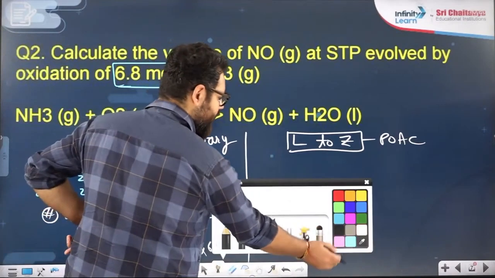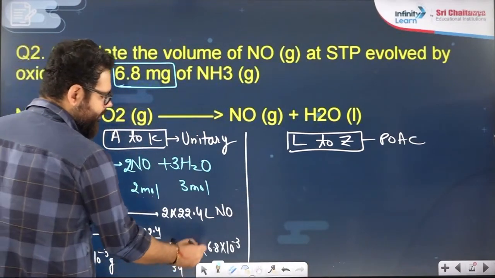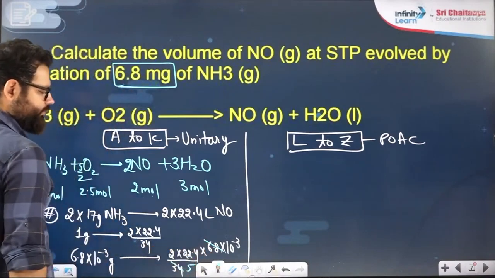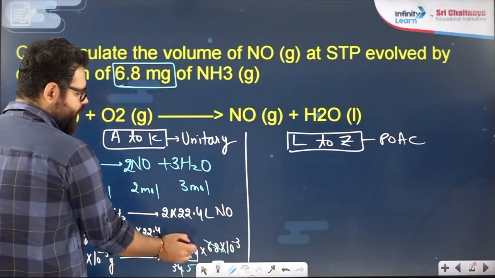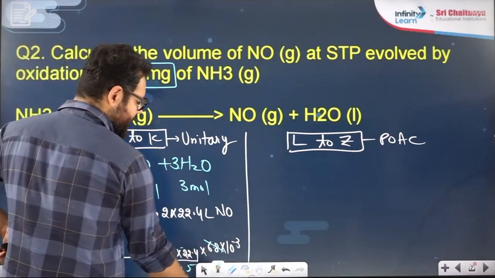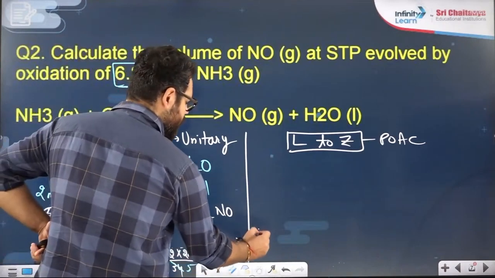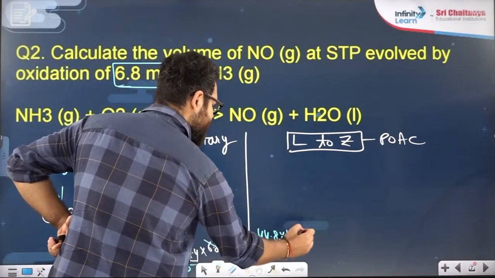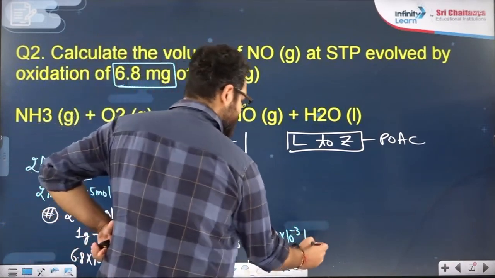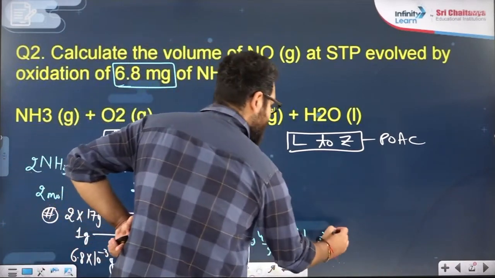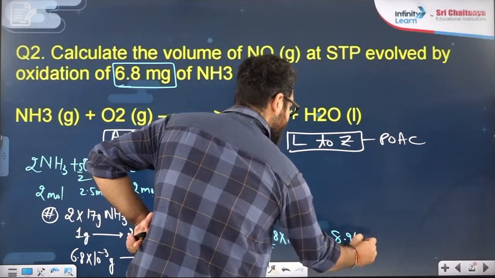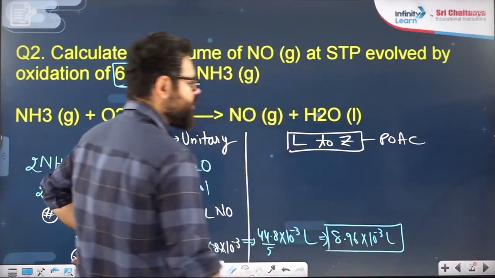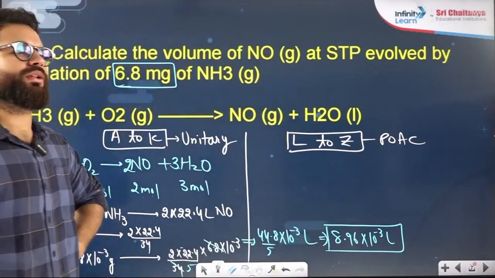Now if I cancel out, 6.8 is 5 times exactly 34. So I am getting 44.8 by 5 into 10 power minus 3 liter, which is coming out to be what you said, 8.96 into 10 power minus 3 liter. This is the answer. 0.0896 is the answer, bache.